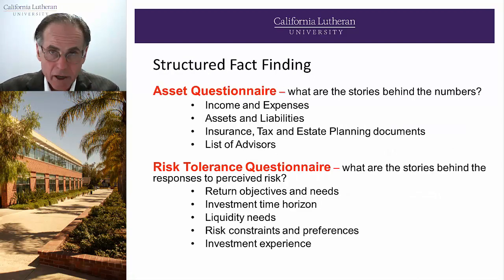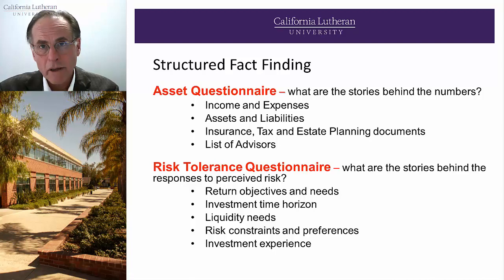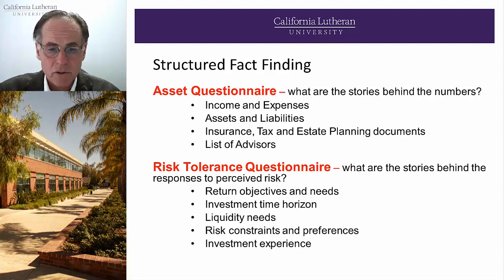Questionnaires are valuable fact-finding tools. One benefit is the structure it brings to the data collection. Important topics that are typically covered in an asset questionnaire are income and expense data, assets and liabilities, insurance, tax, and estate planning documents, and a list of current advisors.